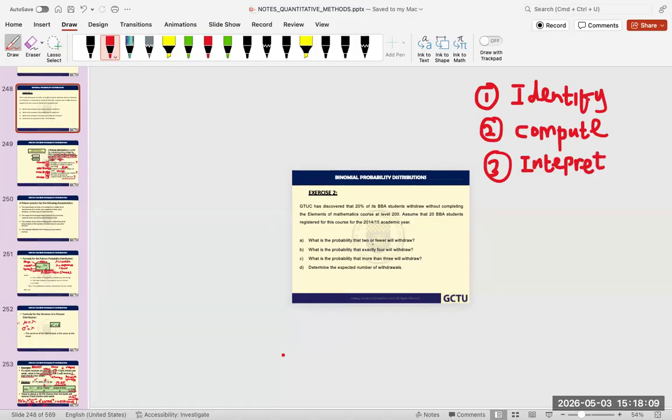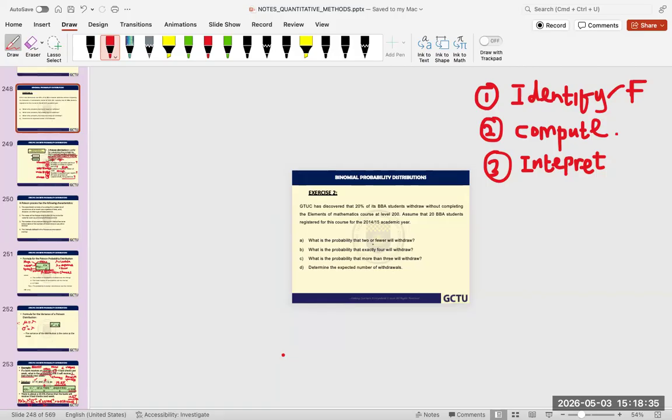So identify means that which formula are you going to use? You ask yourself after reading the question, which formula are you going to use? Because you'll be given a formula sheet, you have to go through the formula sheet and then after reading the question, know which formula you use.